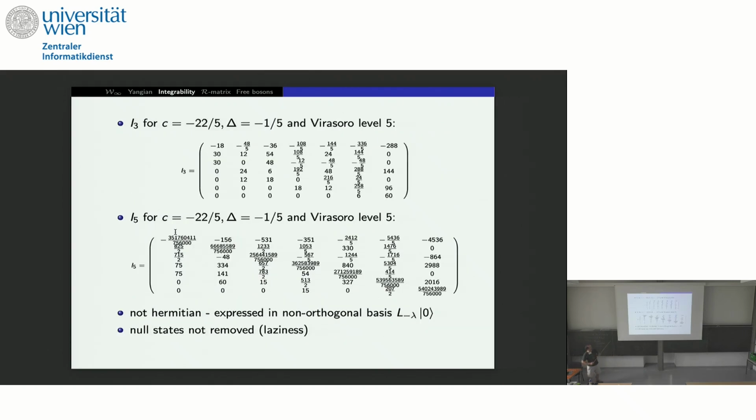So this is just an example. For the Lee-Yang model, which as I told you is like the simplest CFT, at level 5, I have matrices like this. They are very concrete matrices, and the question is just how to diagonalize them, all at once.